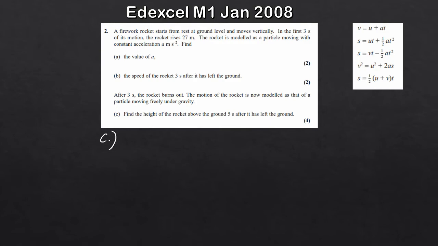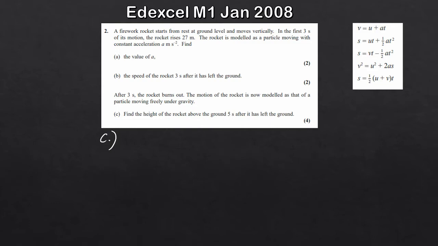So in this case here, we need to split this up into 2 scenarios. We need to consider now from 0 to 3 seconds, and then from 3 to 5 seconds. Don't forget, from 0 to 3 seconds, we already know the height. We know in the first 3 seconds the rocket rises 27 meters.